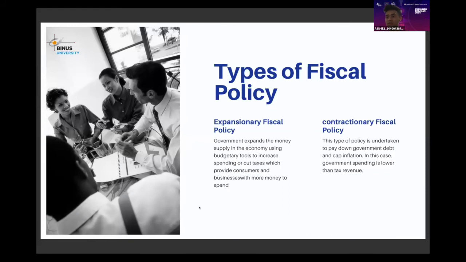And the second one, contractionary fiscal policy, is undertaken to pay down government debt and to cap inflation. In this case, government spending is lower than tax revenue.